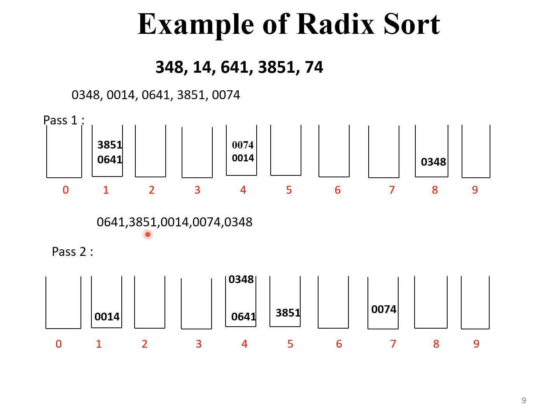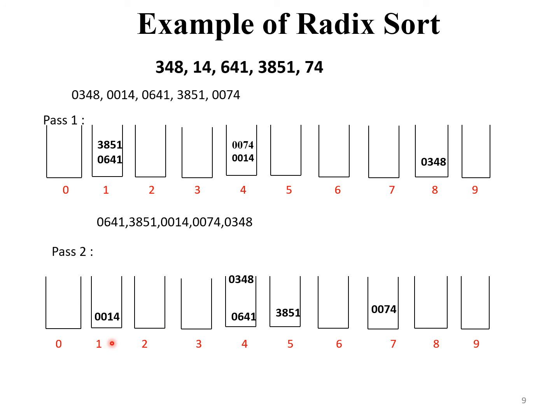Here the second least significant digit is 5, so we put this number in the fifth bucket. Next is 0014. The second digit is 1, so we put this element in the first bucket. Next is 0074. Here the second digit is 7, so we put this number in the seventh bucket. Next is 0348. The second digit is 4, so we place this number in the fourth bucket.